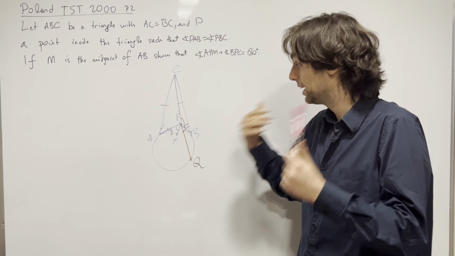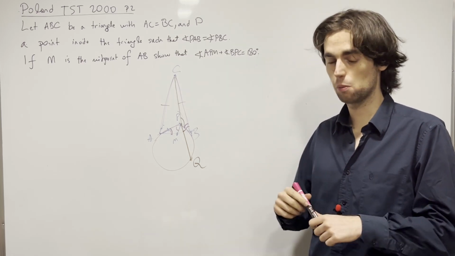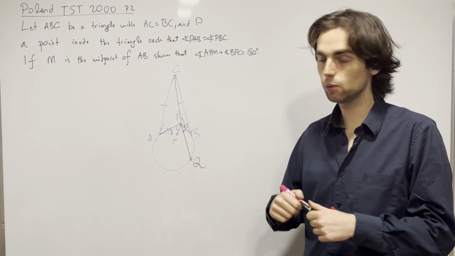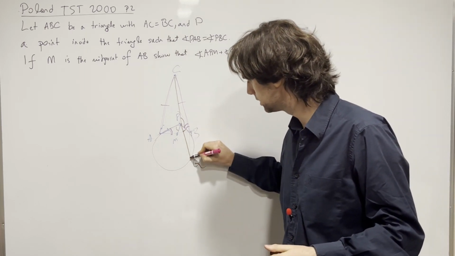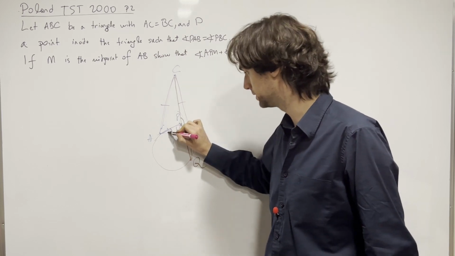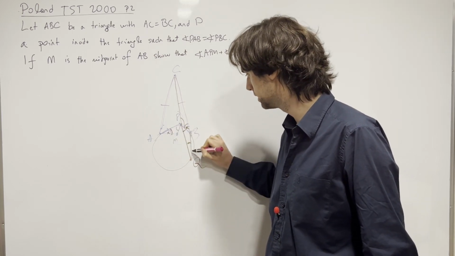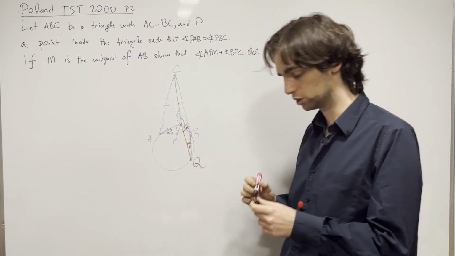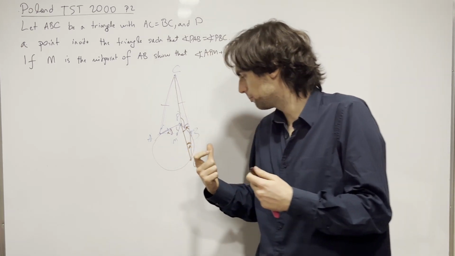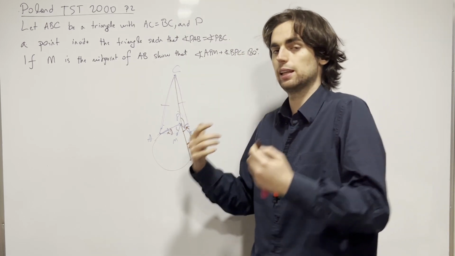That is the equivalent thing I need to prove. And why do I want to intersect it? Well, when I intersect it, I have a lot more angles. If this is X, I know that this angle right here is also X. I'm intersecting, and then I'm not just proving some angle condition, but I'm proving similarity.